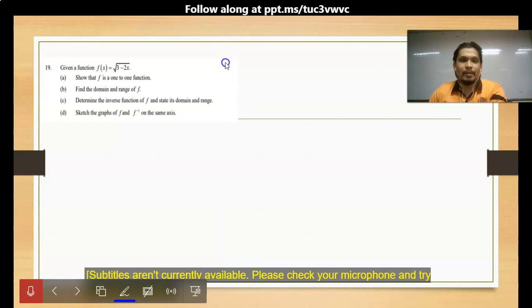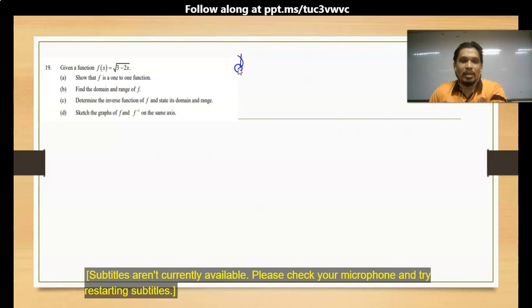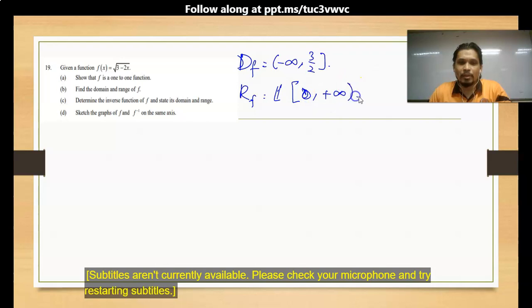Okay, so we agreed just now that the domain of the function f is negative infinity until 3 over 2. Please recall the previous minute of this lecture discussion. And then the range of f equal to 0 to positive infinity. There you go.